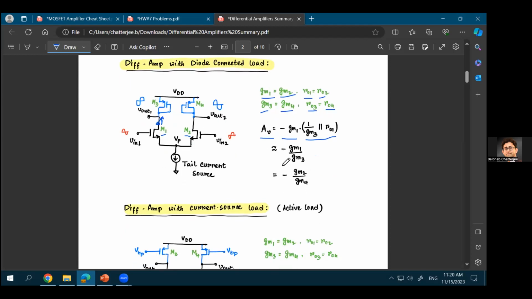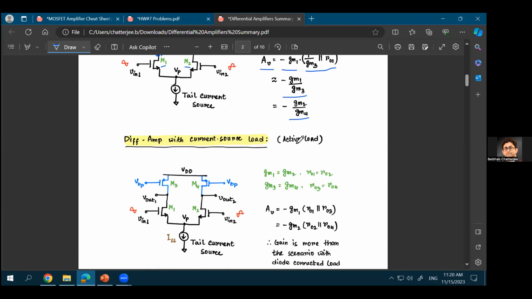The gain in this case will be minus g_m1 by g_m3, which will also be equal to minus g_m2 over g_m4, because we have assumed the left side branch is identical to the right side branch. In reality, you might see a small difference, but your gain will not be very different. So using this formula, if you expect a gain of 5, in reality, you might see a gain of 4.98. And that's as good as having a gain of 5.